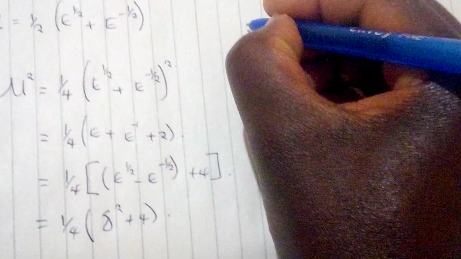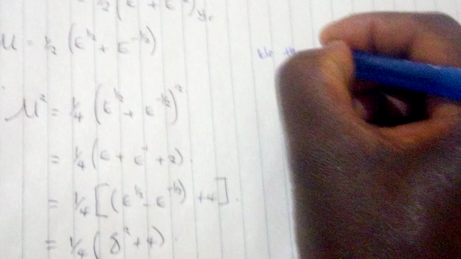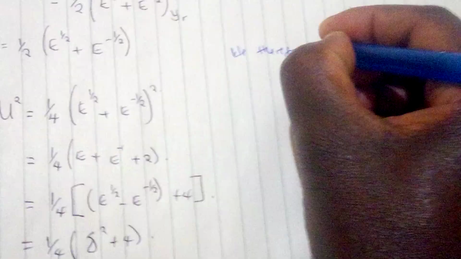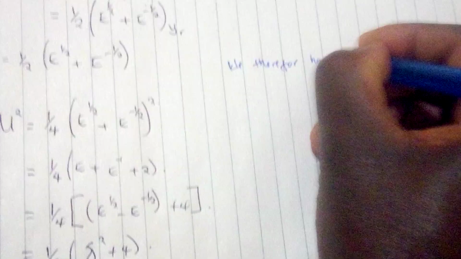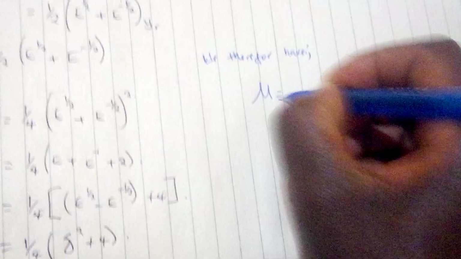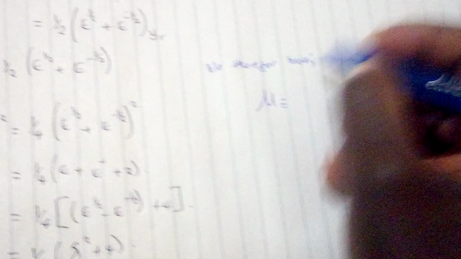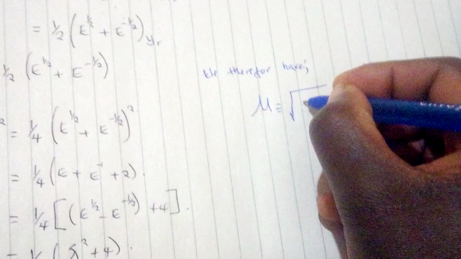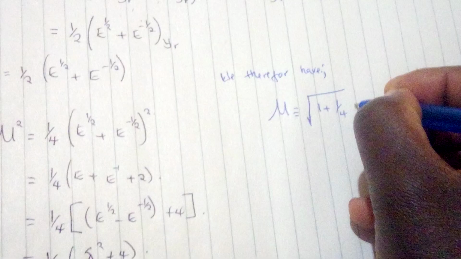So we continue, we therefore have the averaging operator is equal to, because this is a quarter, the square root of 1 plus 1 over 4 squared.